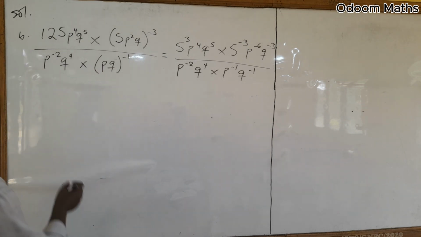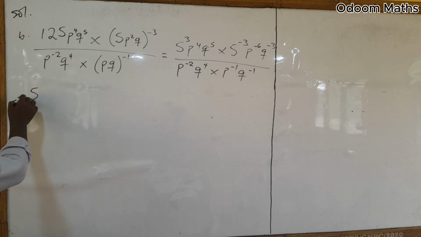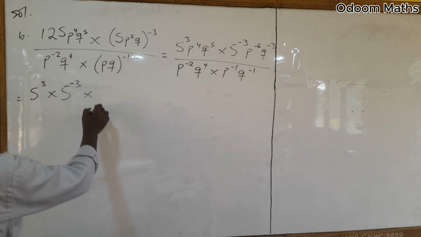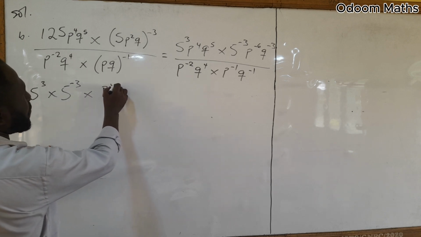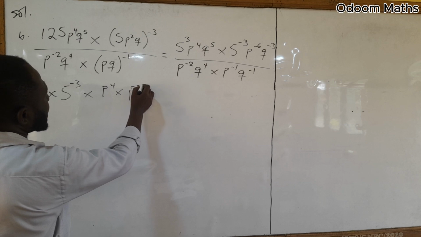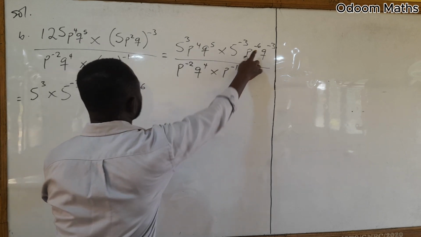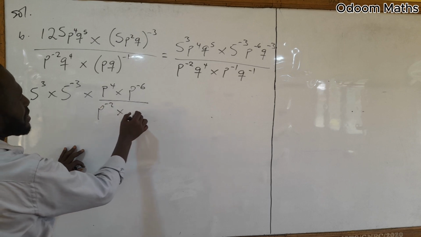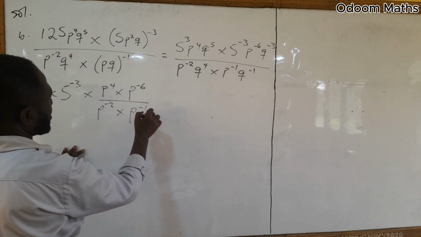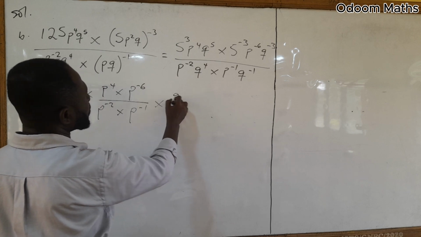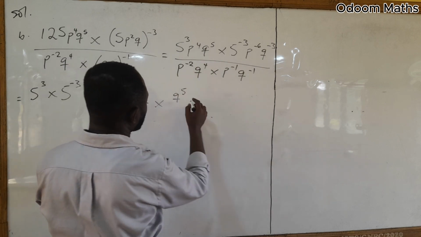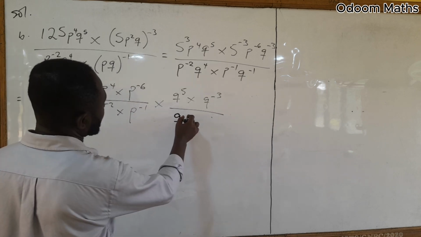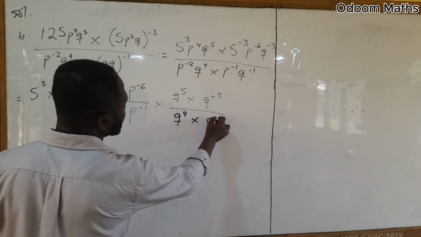So we have 5 to the power 3 times 5 to the power negative 3, then times p to the 4 times p to the negative 6, divided by p to the negative 2 times p to the negative 1, times then q to the 5, then times q to the negative 3, all over q to the 4 times q to the negative 1.